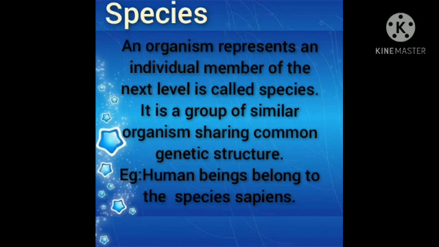An organism represents an individual member. The next level is called species. It is a group of similar organisms sharing common genetic structure. For example, human beings belong to the species sapiens and dogs belong to the species familiaris.